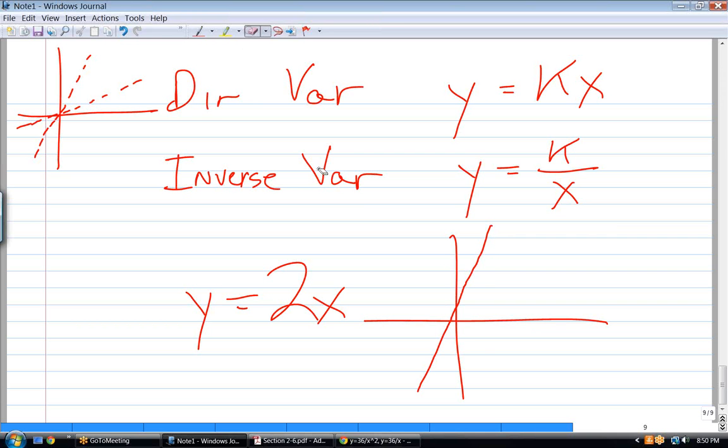If I plotted y equals 1/2 x, a different k, it still goes through the origin, with a flatter slope. So direct variation always plots as a straight line through the origin.